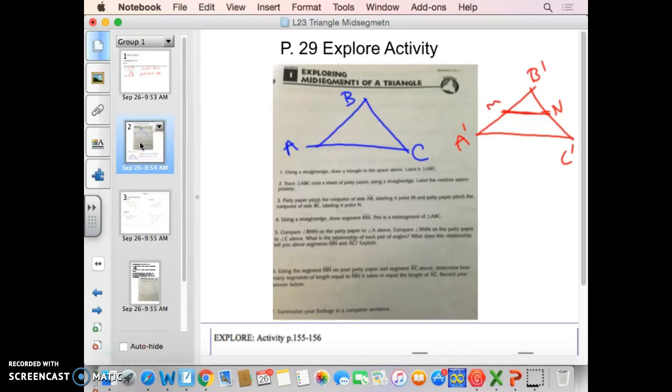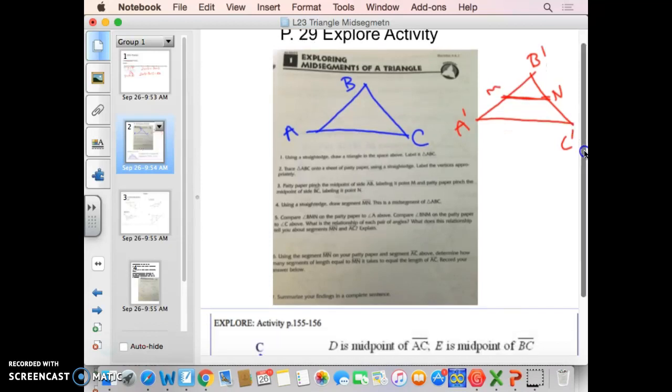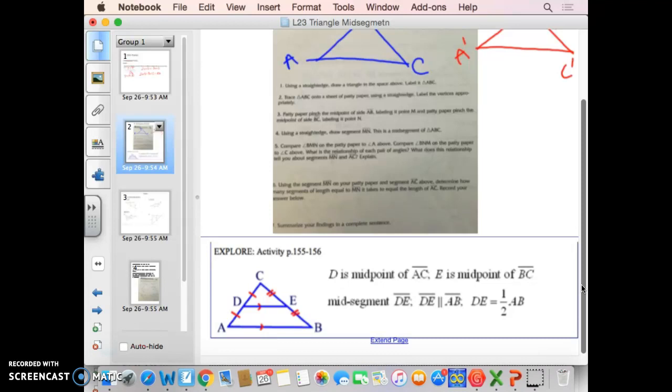And what you should have discovered is that when you compare the sides of your triangle, the mid-segment, which is right here, is going to cut your triangle in half. So you should have a piece here and a piece here that are congruent, and a piece here and a piece here that are congruent.